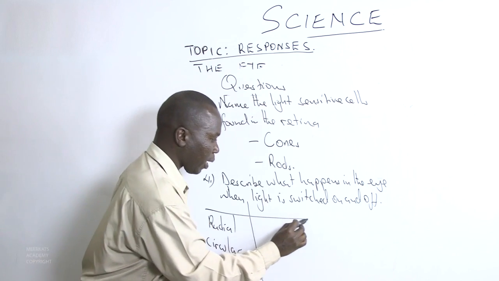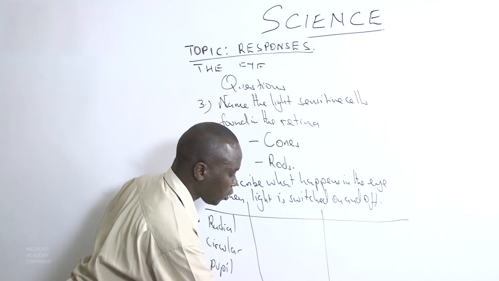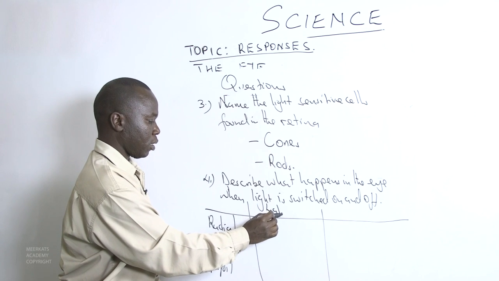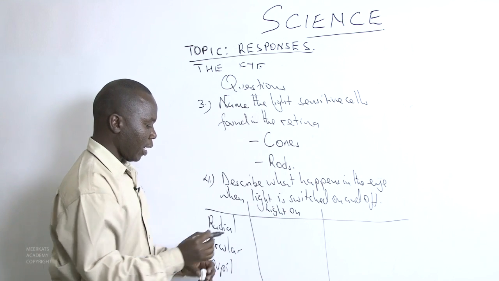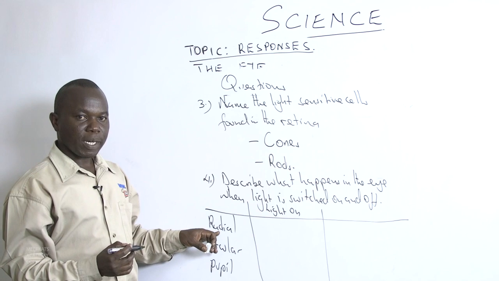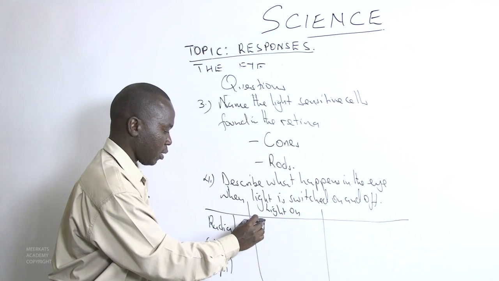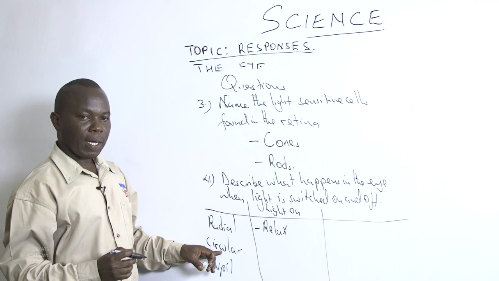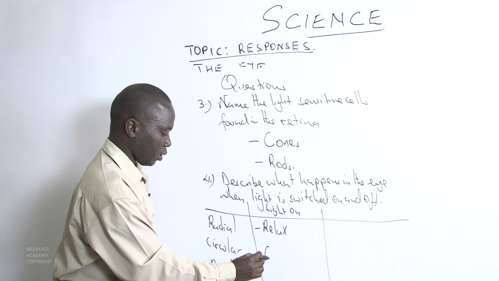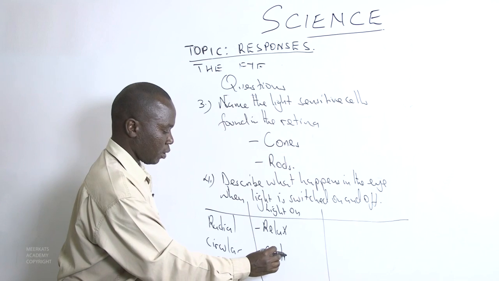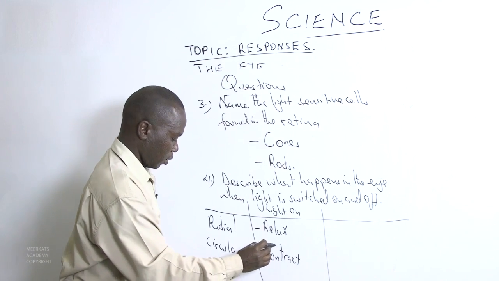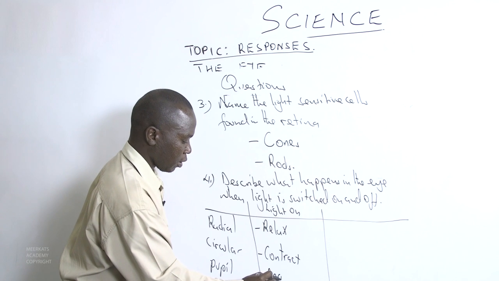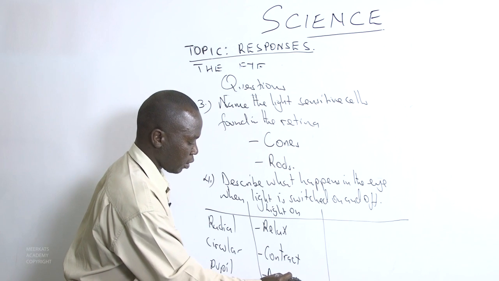So the following will happen in the 2 situations. Light on: radial muscles relax, circular muscles contract. The size of the pupil decreases.